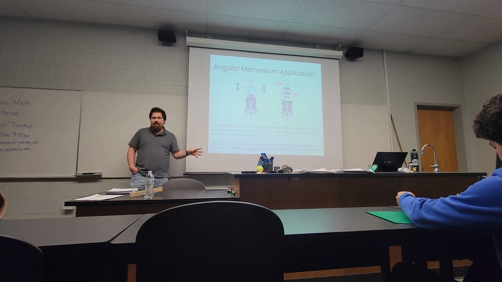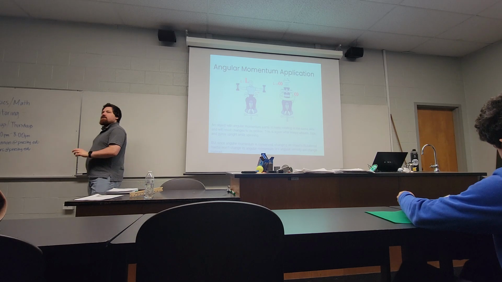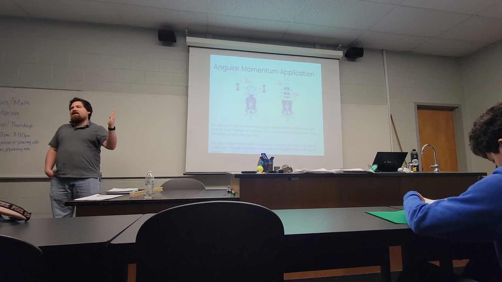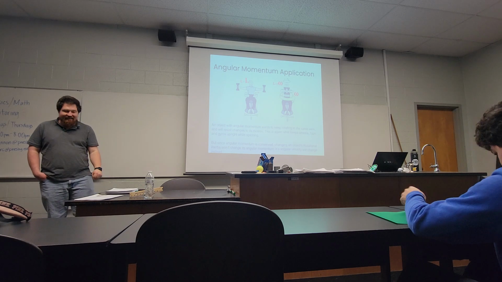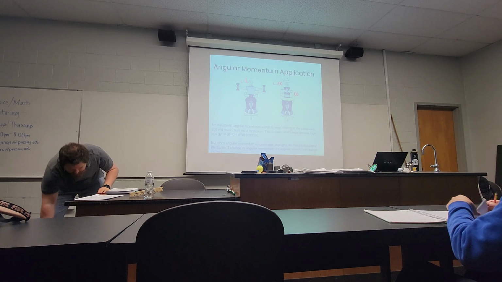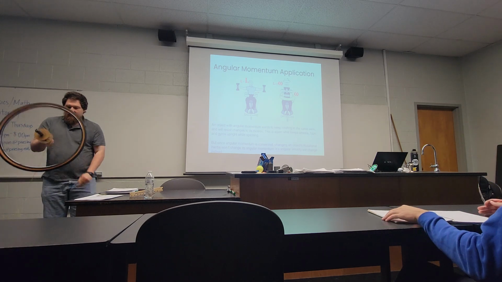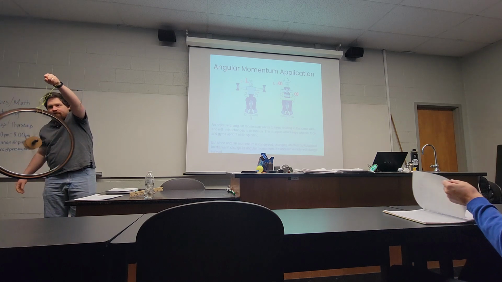It doesn't want to suddenly become counterclockwise, and it doesn't want to change from one axis to another. It tries to keep spinning exactly the same way as it already is, and that is where you get gyroscopes from.